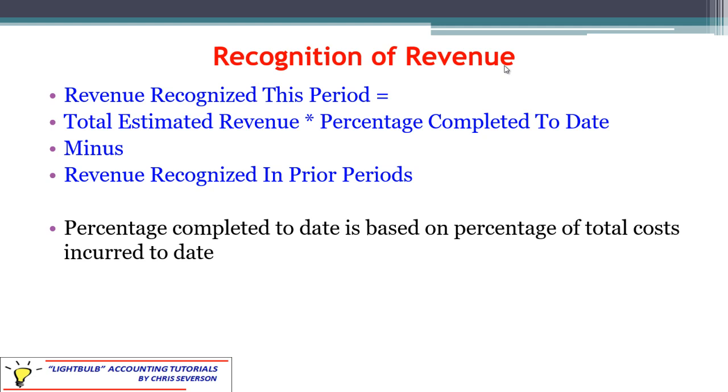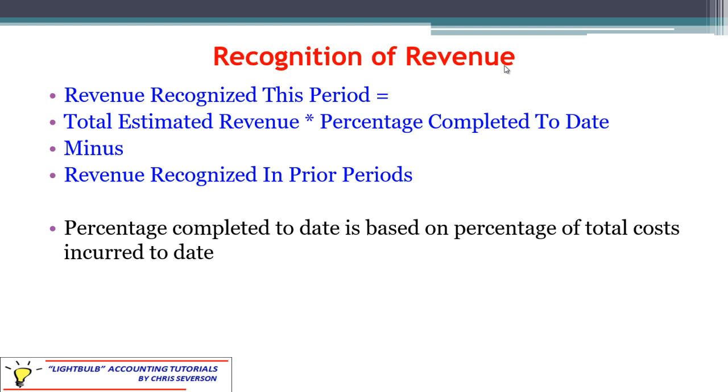That's a key component of the problem. So if you know either gross profit or revenue, you can back into the other one, because obviously gross profit equals revenue minus cost. So if you know revenue and cost, you can easily back into gross profit. On the other hand, if you know gross profit and cost, you can back into revenue.